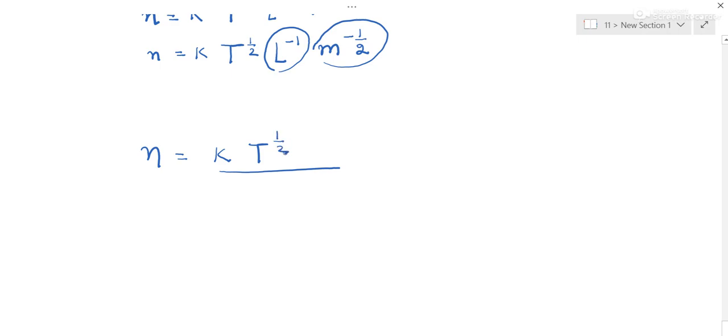Okay, so we will write it as n is equal to, minus 1 we are bringing down, and this is also minus, it will also come down. So T to power half up, L down with 1 power, and M down with half power. Now we can write it as k by L, and half is root, so it is root T by M.